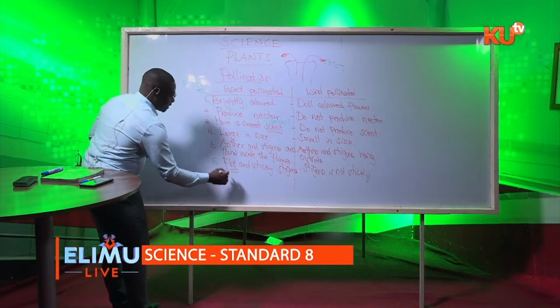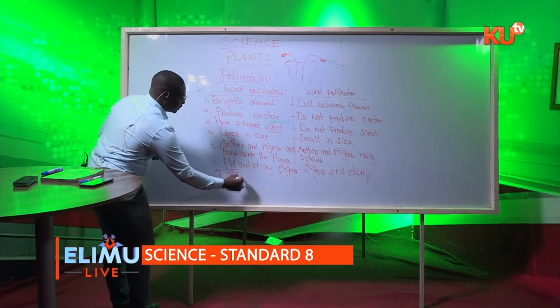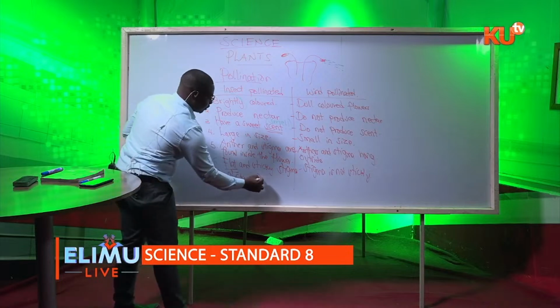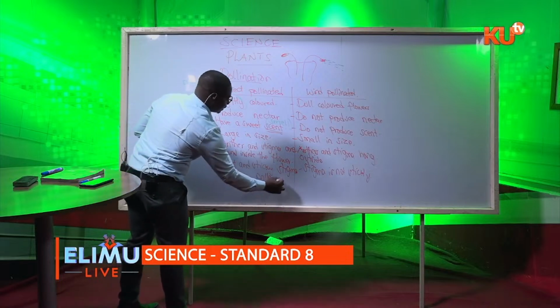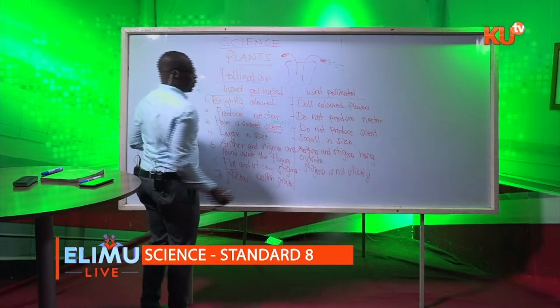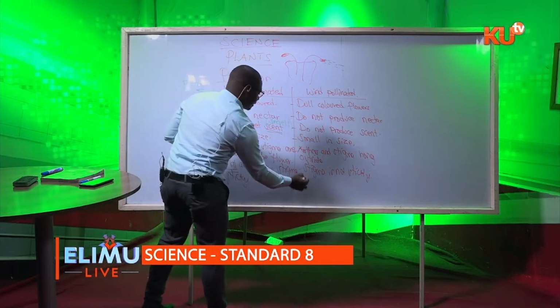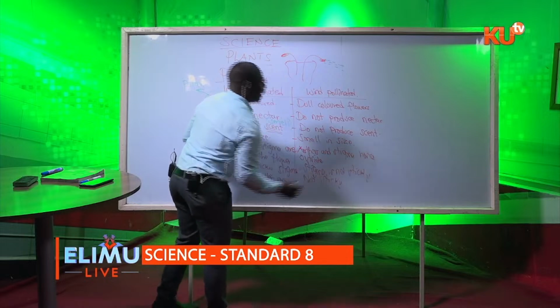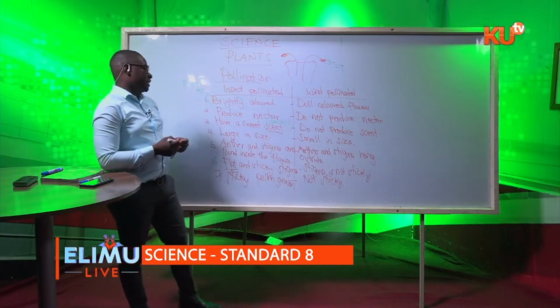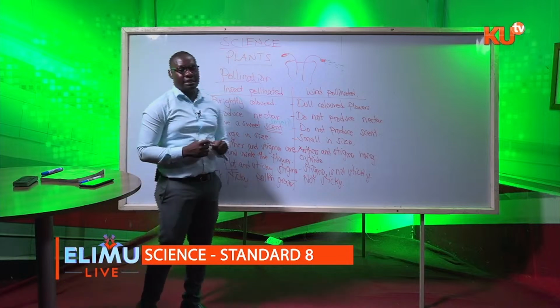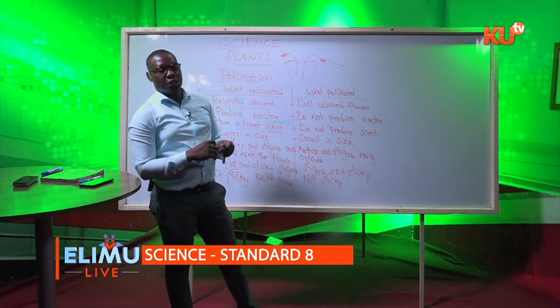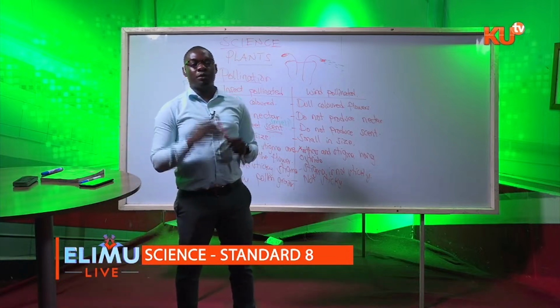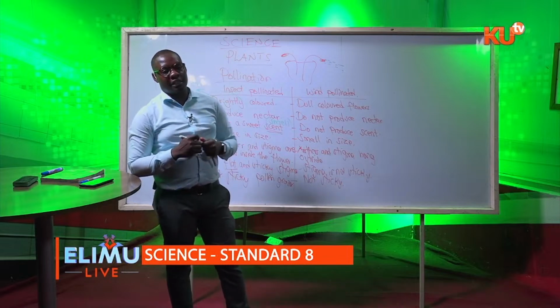Number 7, they have sticky pollen grains. For wind-pollinated flowers, the pollen grains will not be sticky. Why are the pollen grains in insect-pollinated flowers sticky? They are sticky to be able to stick to the body of the insect.